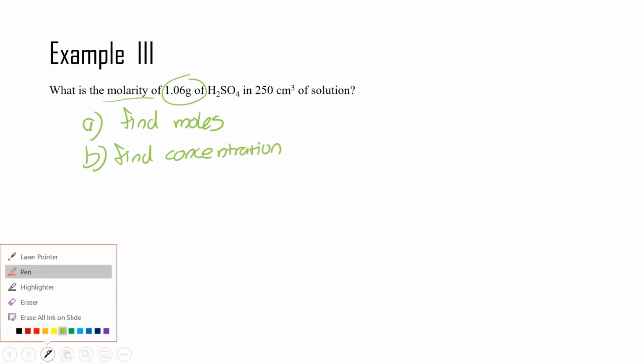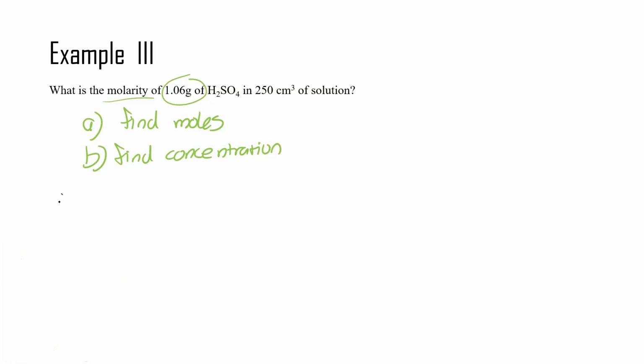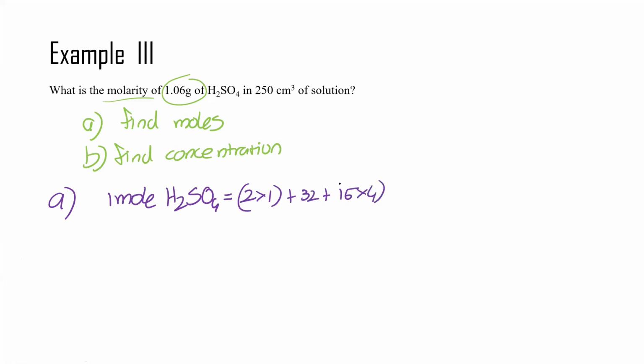So here we're going to start first with A, where we need to find the number of moles. So we need to find 1 mole of H2SO4, which is equal to 2 times 1 for hydrogen, plus 32 for sulfur, plus 16 times 4.